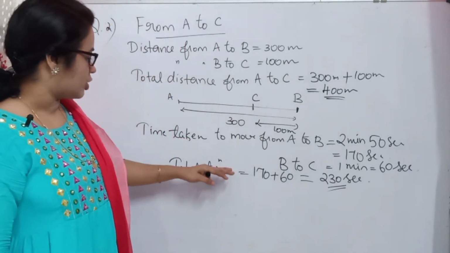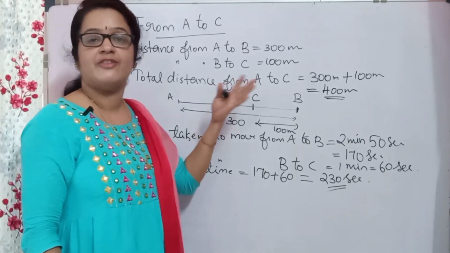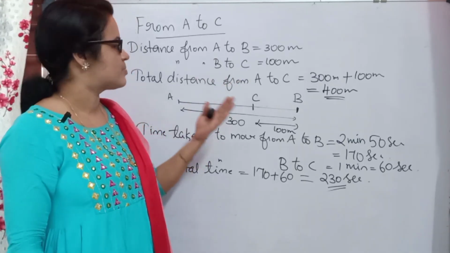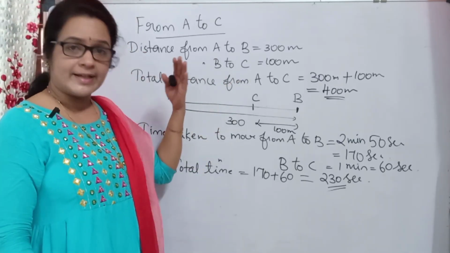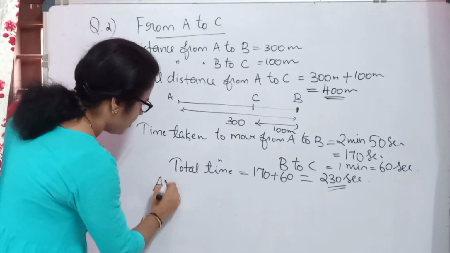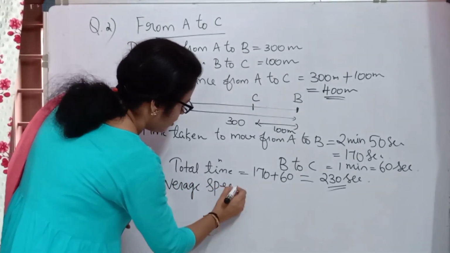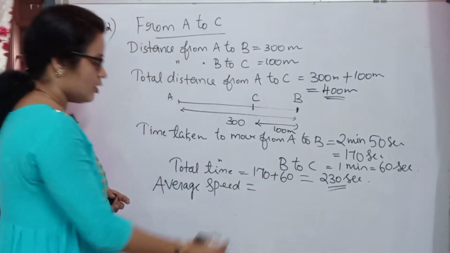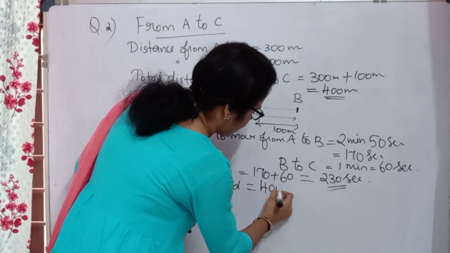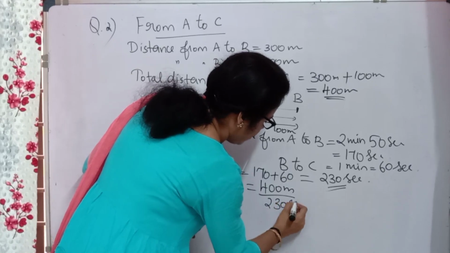Clear? Now we are getting the total time taken and the total distance traveled. Now can we calculate the average speed? Yes, average speed will be equal to total distance divided by total time. So what will be the average speed here? Average speed is equal to total distance, which is 400 meters, divided by 230 seconds total time.